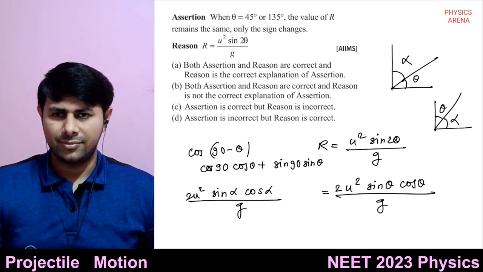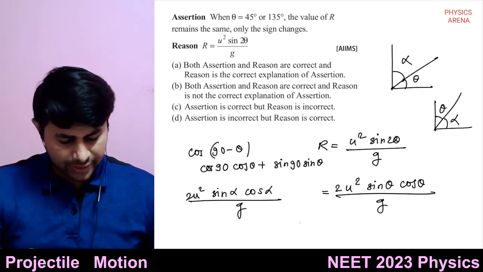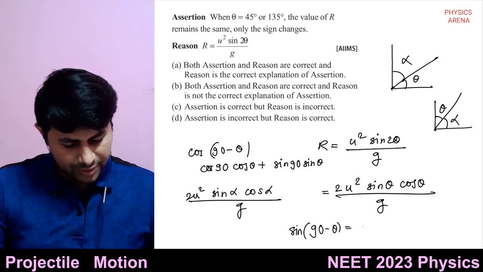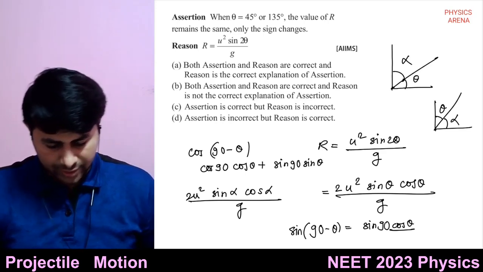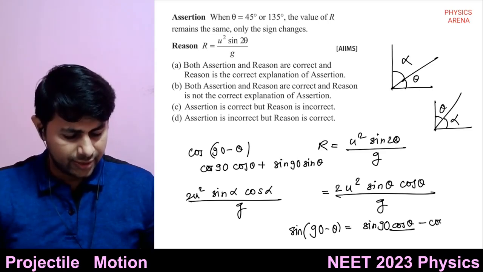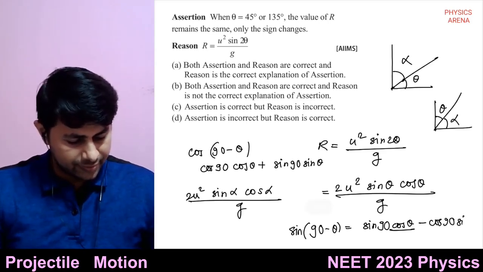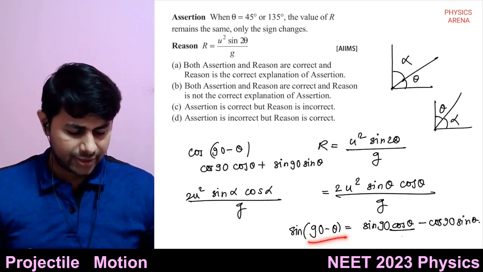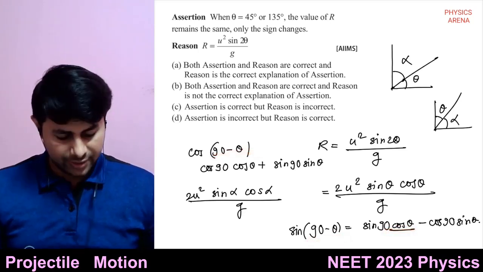Let's check this also. Sin of 90 minus theta is sin 90 cos theta minus cos 90 sin theta, which is cos theta. So sin of 90 minus theta is cos theta and cos of 90 minus theta is sin theta.